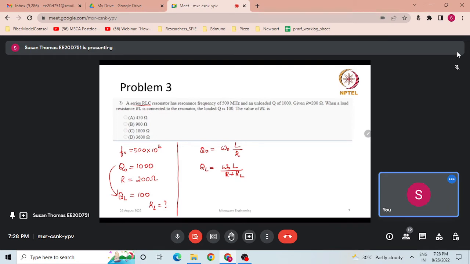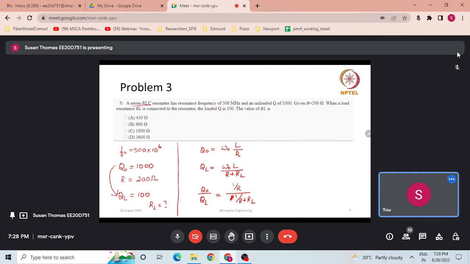Now take the ratio Q naught by QL. If I take the ratio, I get 1 by R divided by 1 by R plus RL.